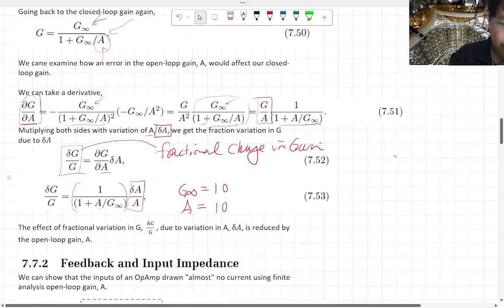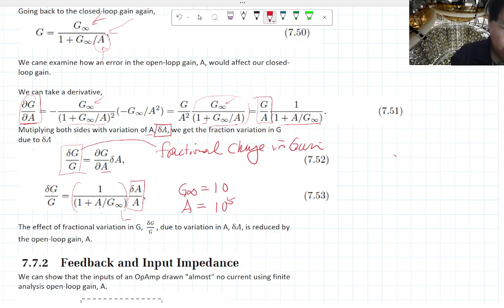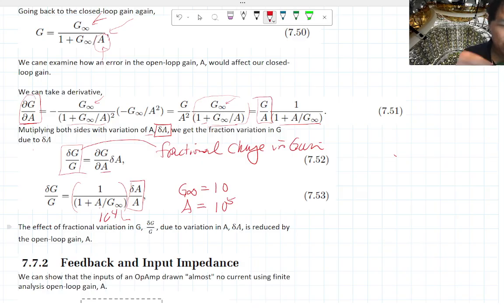Then A over G infinity is 10 to the 4. 1 plus 10 to the 4 is basically 10 to the 4, so it's 1 over 10 to the 4.